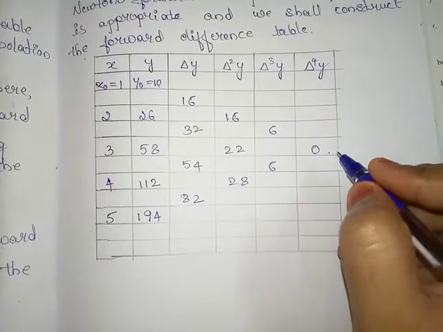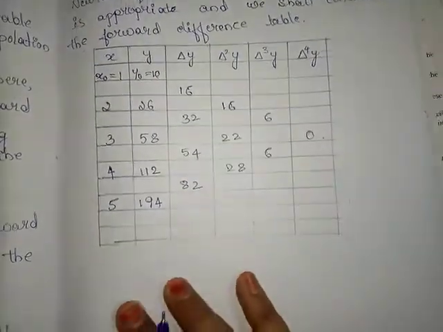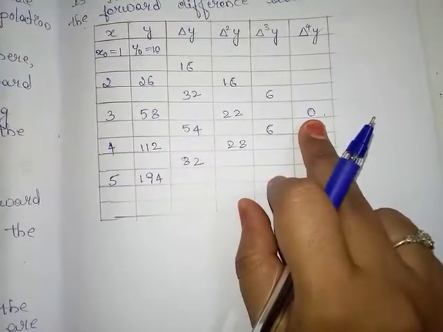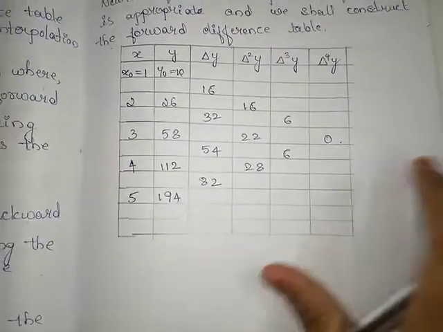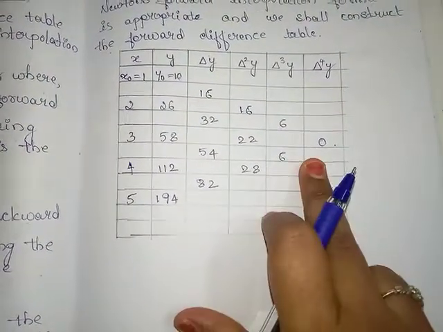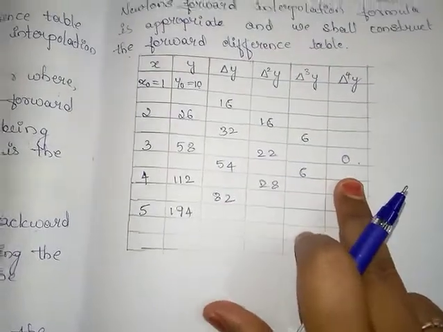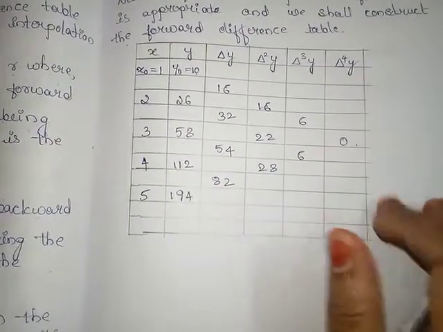This is how we calculate the difference table. Here the fourth difference is 0, so it is not necessary to write further, and we will not get a further value because at last we have a single value. We can't take the difference for the next column.